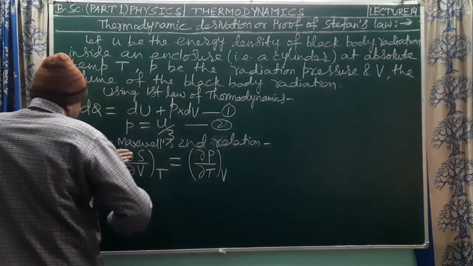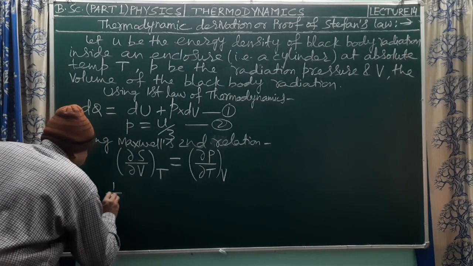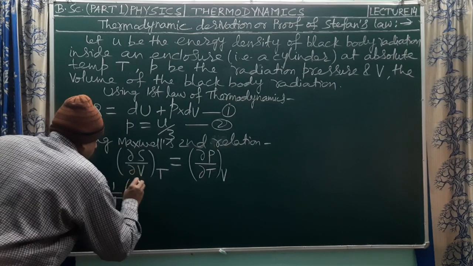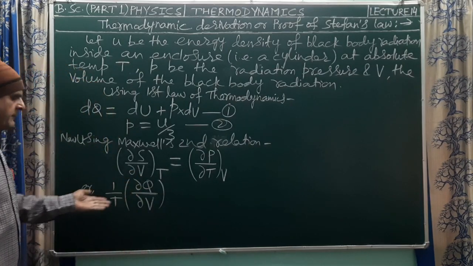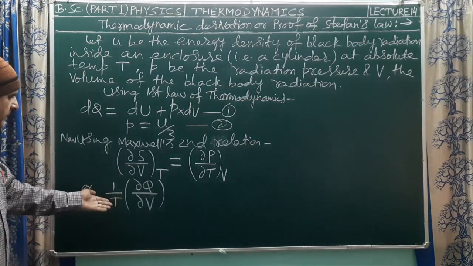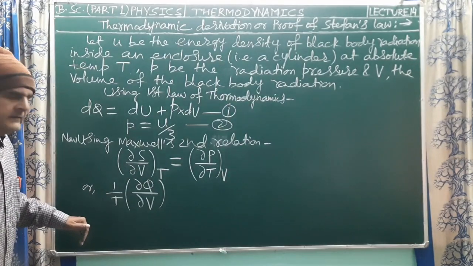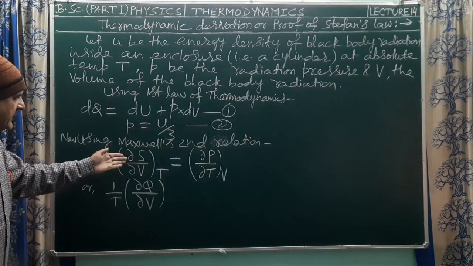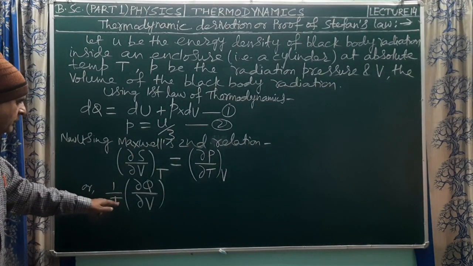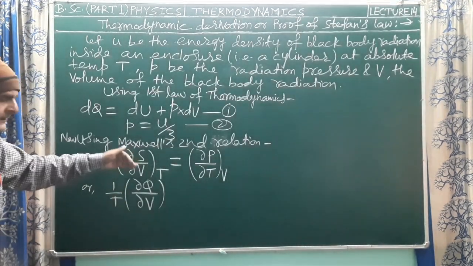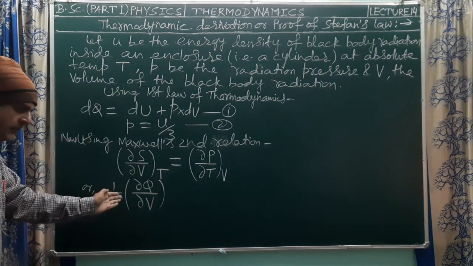So in place of del S we can write 1/T del Q upon del V, taking 1/T out of the bracket, because del S equals del Q upon capital T. In the LHS of Maxwell's second thermodynamical relation, in place of del S we use del Q upon T, and capital T in the denominator is taken out of the bracket.